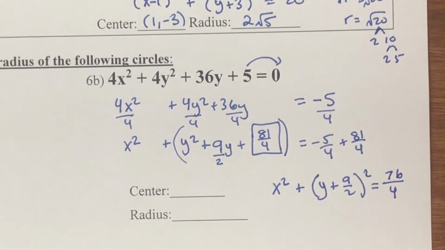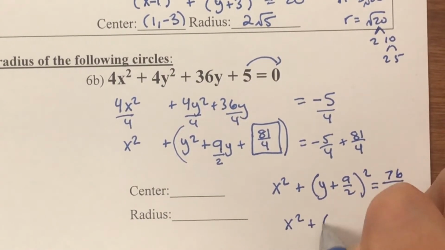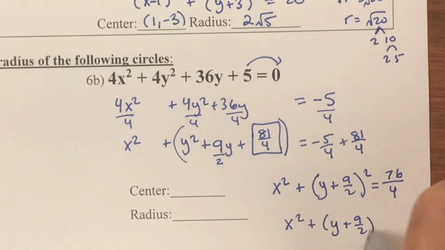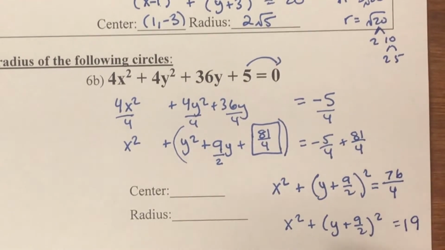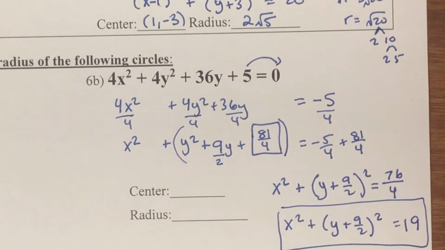Does that divide evenly? It does. 76 divided by 4 is 19. So we've got x squared plus y plus 9/2 squared equals 19. And that is your equation in standard form.